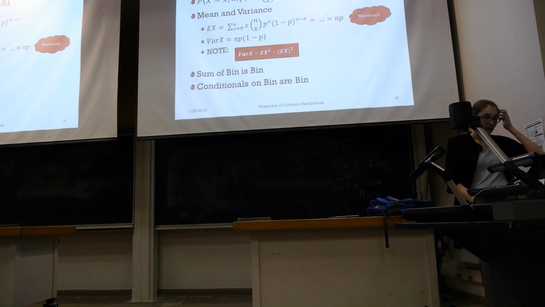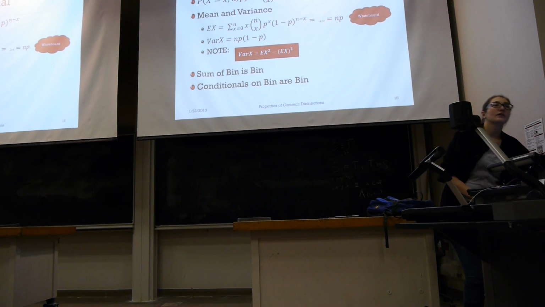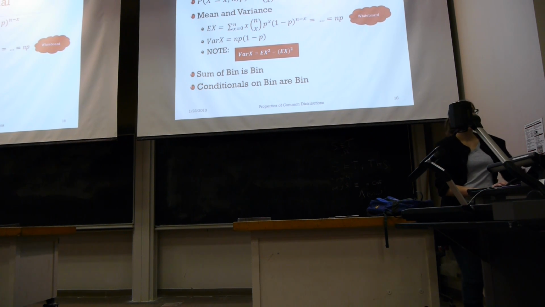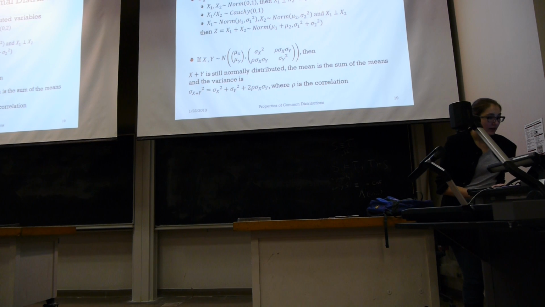But one useful formula you could use for the variance is the second moment minus the first moment squared. That's sometimes useful in computing the variance. Now, the sum of binomials is binomial, and you've learned conditionals in class, so if you condition a binomial on another binomial, you also get a binomial.